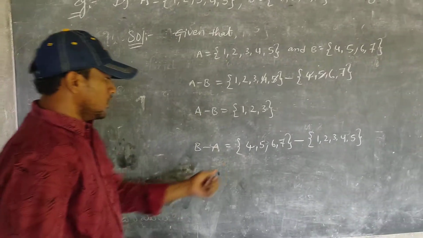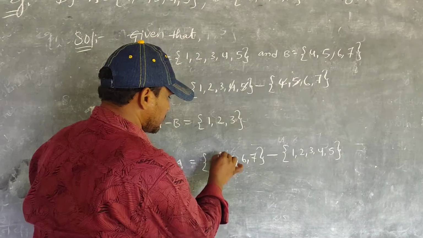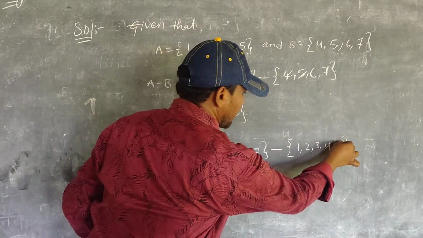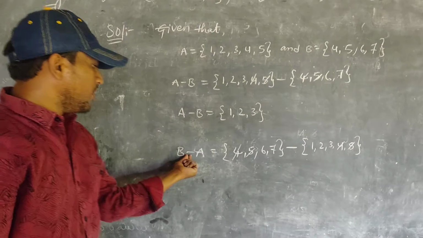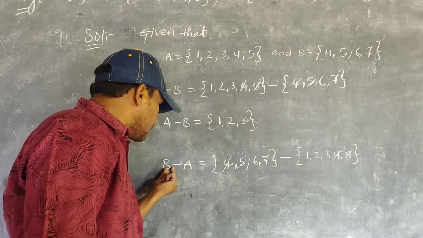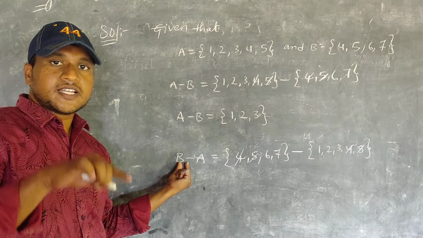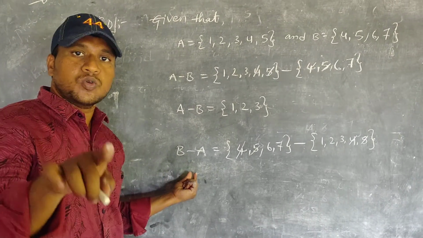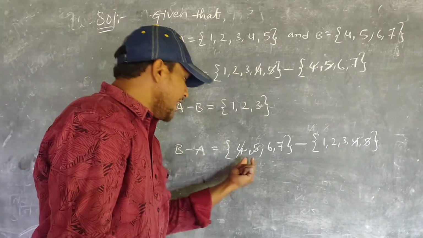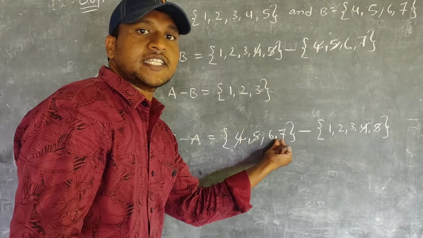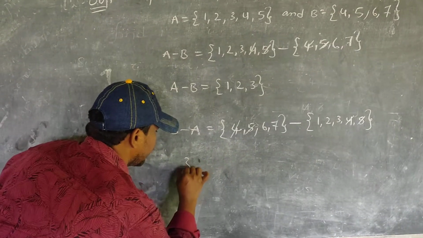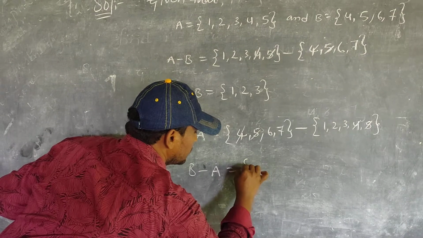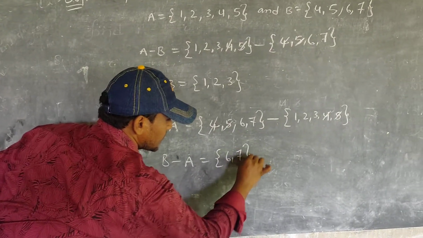Here also 4 and 5 are common elements, which cancel. B minus A is nothing but the difference of the sets: elements which belong to B but do not belong to A. Write only the remaining elements of set B, 6 and 7. We can write B minus A is equal to {6, 7}.